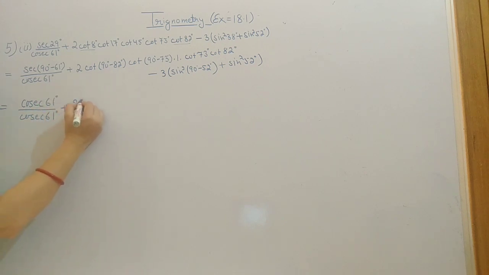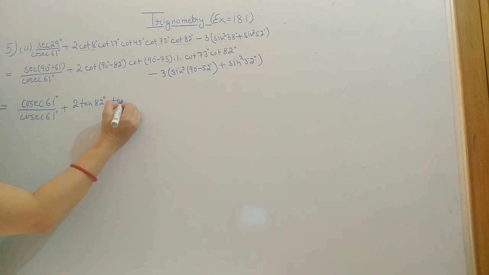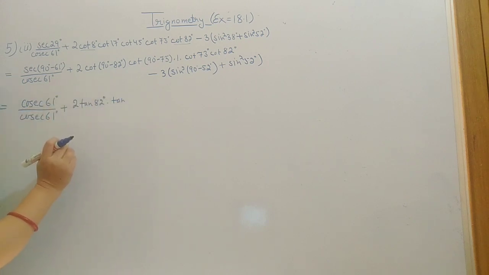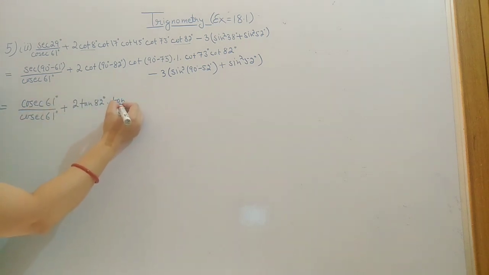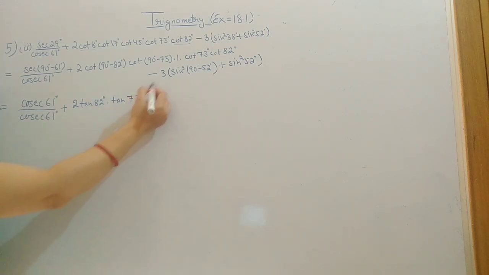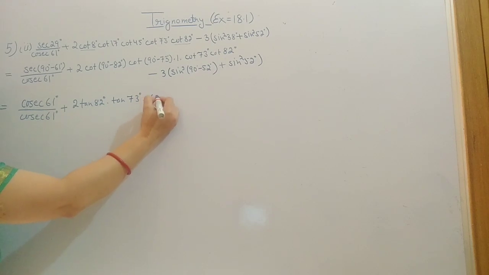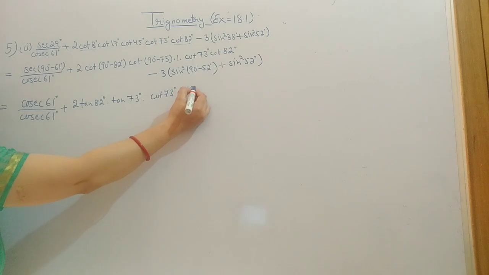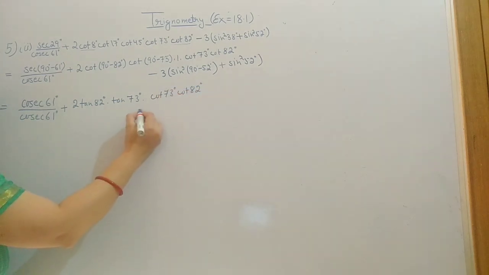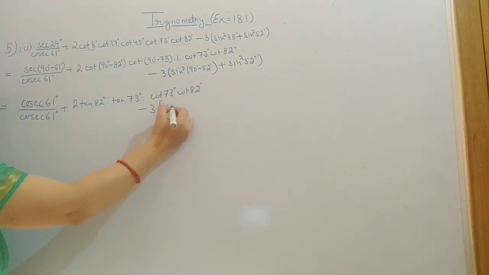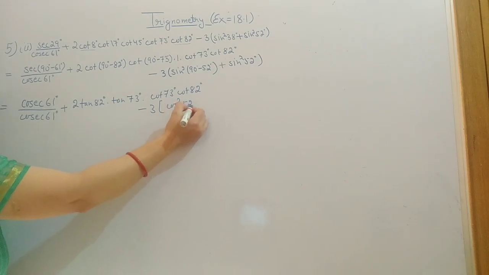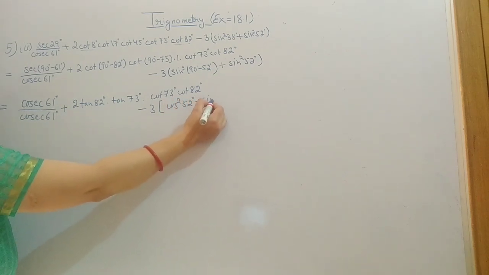So it will become 2 tan 82, tan 73. This is 1, leave it. Cot 73 and cot 82, minus 3 cos square 52 plus sin square 52.